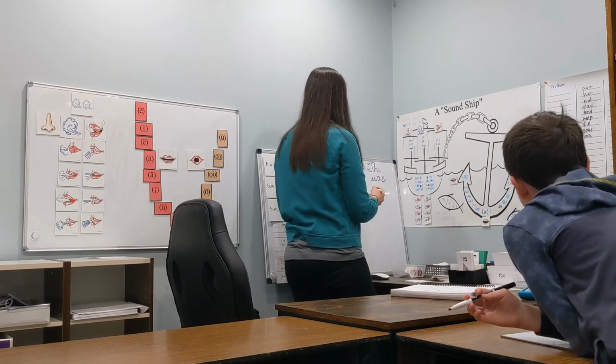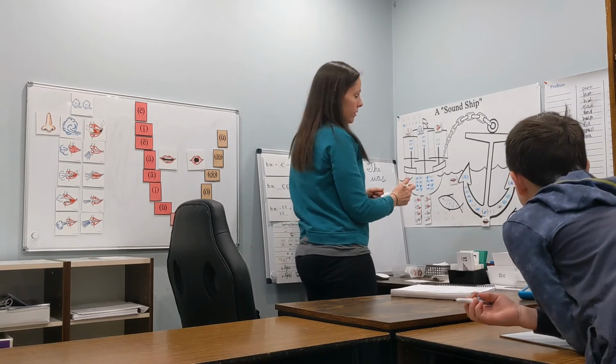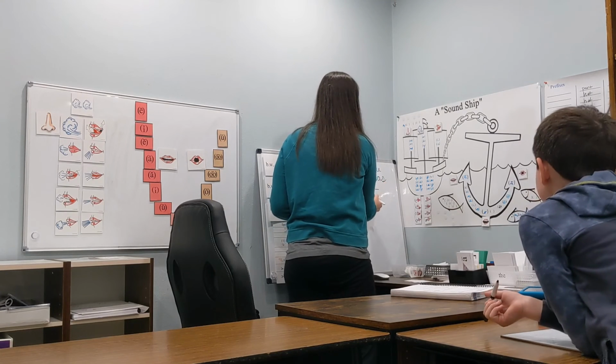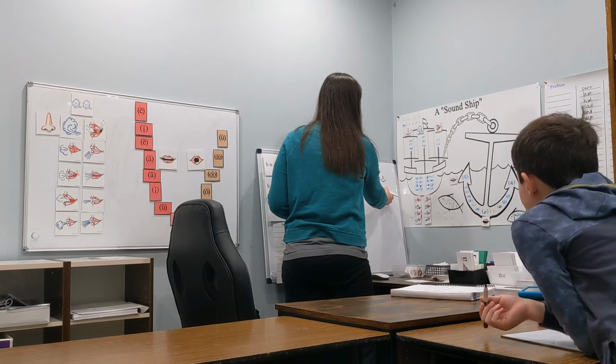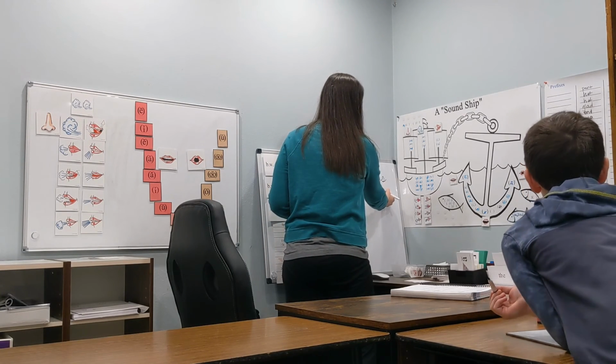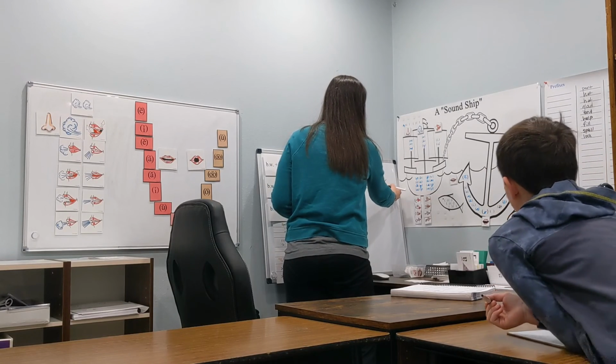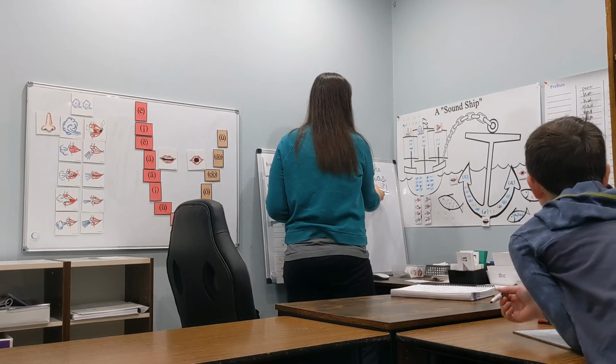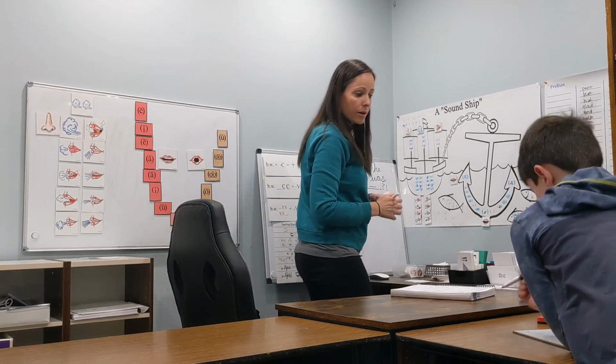And also, we know a sentence always starts with, what does a sentence start with, Josh? Capital. Capital, and ends with punctuation, so we call that a period, question mark, or exclamation mark. And it always has a complete thought, a subject, and a predicate.